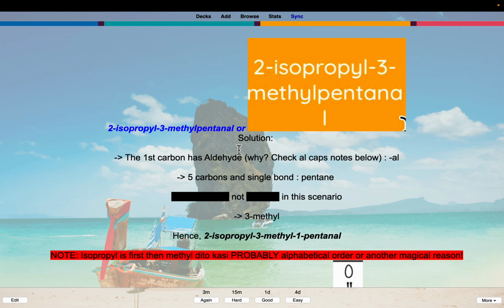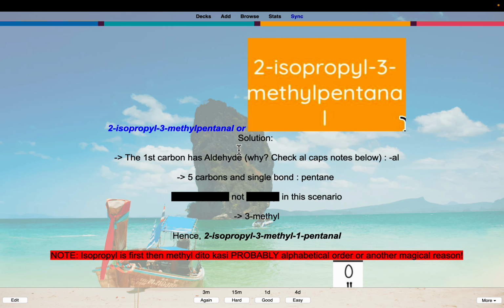I had this struggle back then. According to Circle, this region is universally understood as an aldehyde. Okay, so there you go. This is exactly what I was trying to say earlier. Now I'm a lot more sure about what I'm saying. Isopropyl comes first, then 3-methyl.